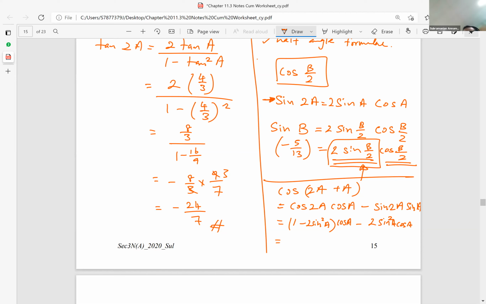So from here I can get cosine A minus 2 sine squared A cosine A minus 2 sine squared A cosine A. So this ends up with cosine A minus 4 sine squared A cosine A. Okay, then from here you just need to substitute.